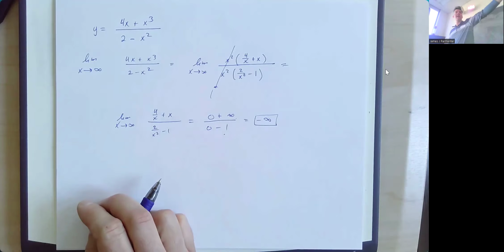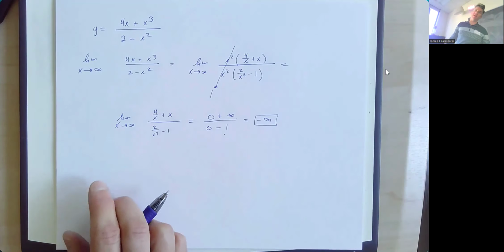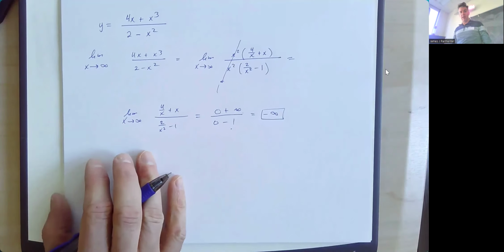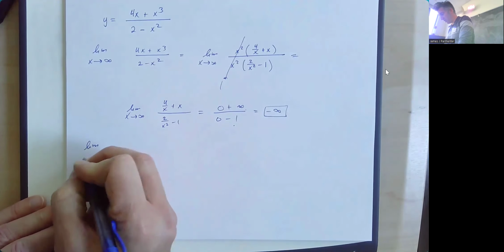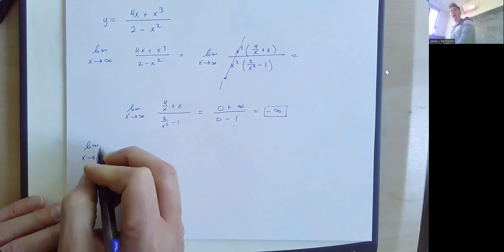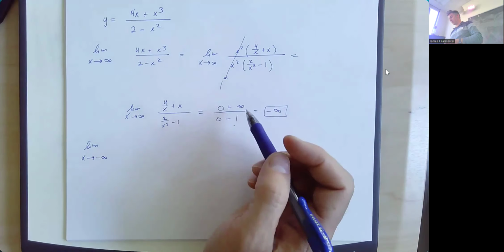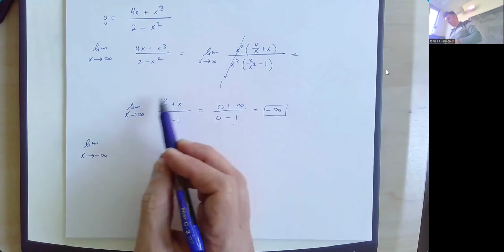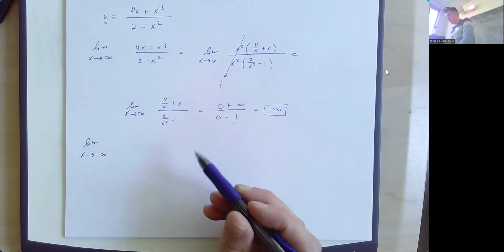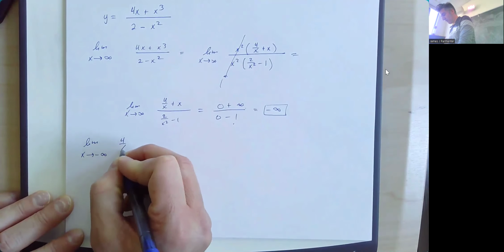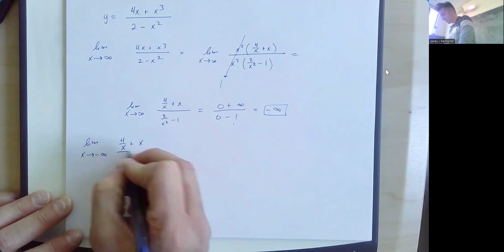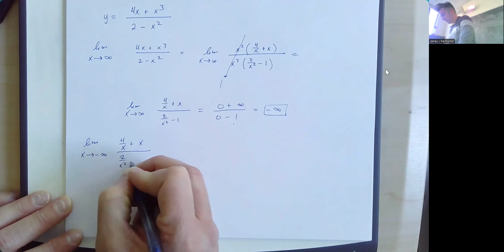So as we go to the right, this graph goes down, down, down. And then on the other side of things, I don't really want to do the work. All I have to do is go back to the place where things would change. So right here, all the work would be the same. This limit as x goes to negative infinity would be the limit as x goes to negative infinity of 4 over x plus x over 2 over x squared minus 1.